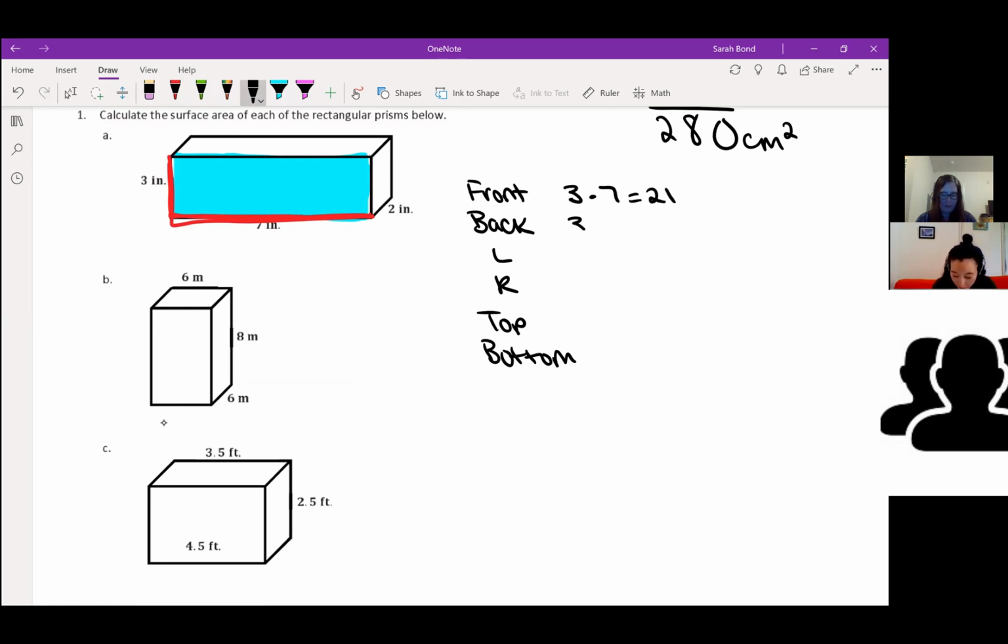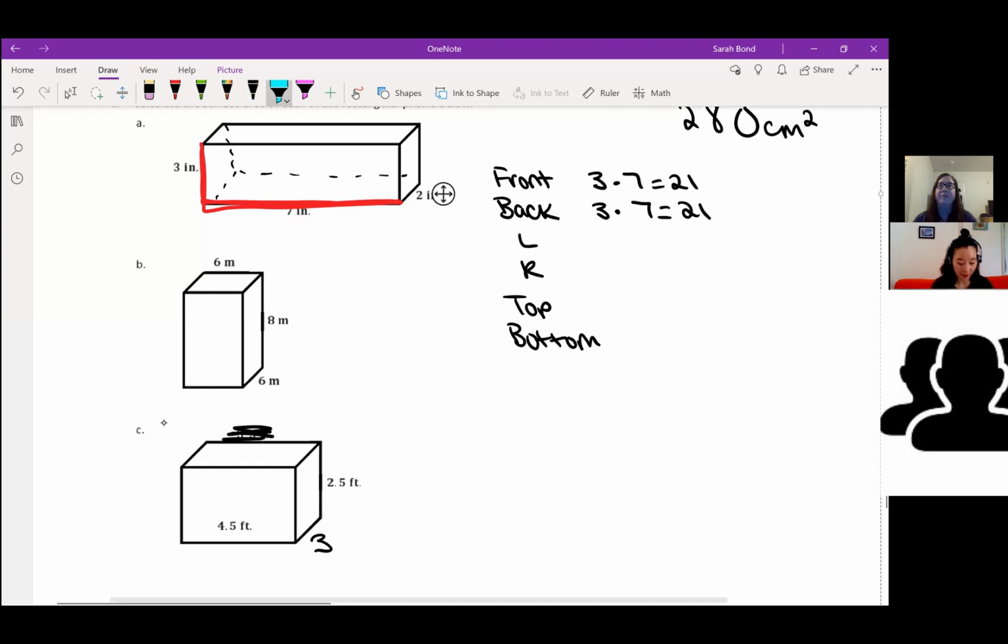And these are going to be the same because the back is back here. If you can imagine the 3D shape. So front, on the opposite side is the back. So the left and the right are these sides. So this is 2 times 3, 6, also 6.